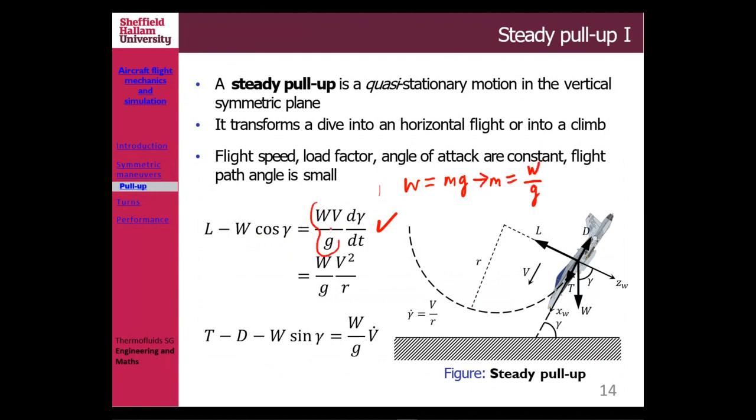That's where the W divided by g comes from. Now we know that gamma dot, the change of gamma in this case, is the speed of the aircraft divided by r. I hope you've seen this equation long before: angular rate is the speed divided by the radius of the turn. Right? So if you change this d gamma dt, which is gamma dot, then you will have these equations there.